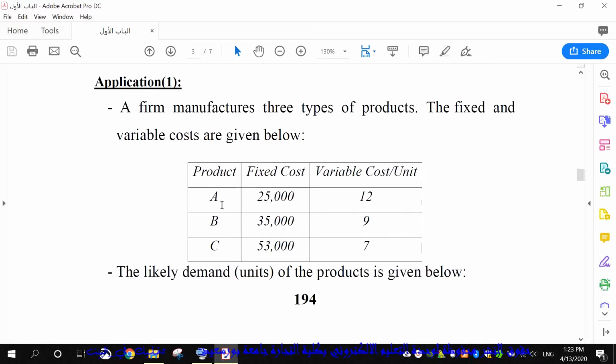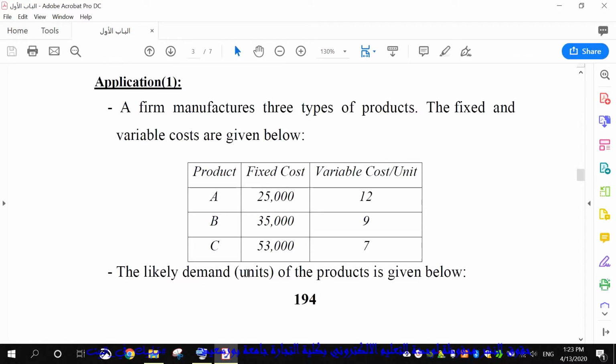The fixed cost for A is $25,000, for B $35,000, for the product C $53,000, and the variable cost per unit for product A is $12, product B $9, product C $7.